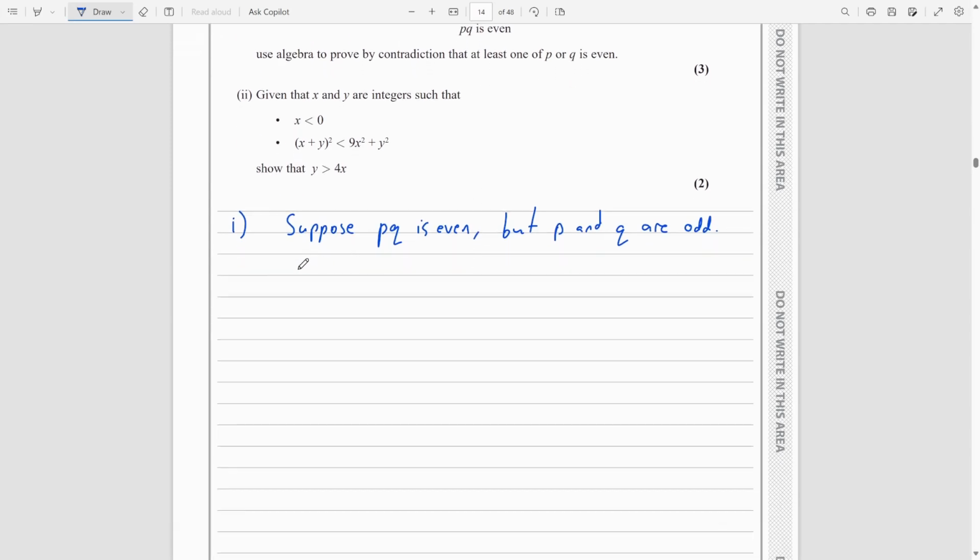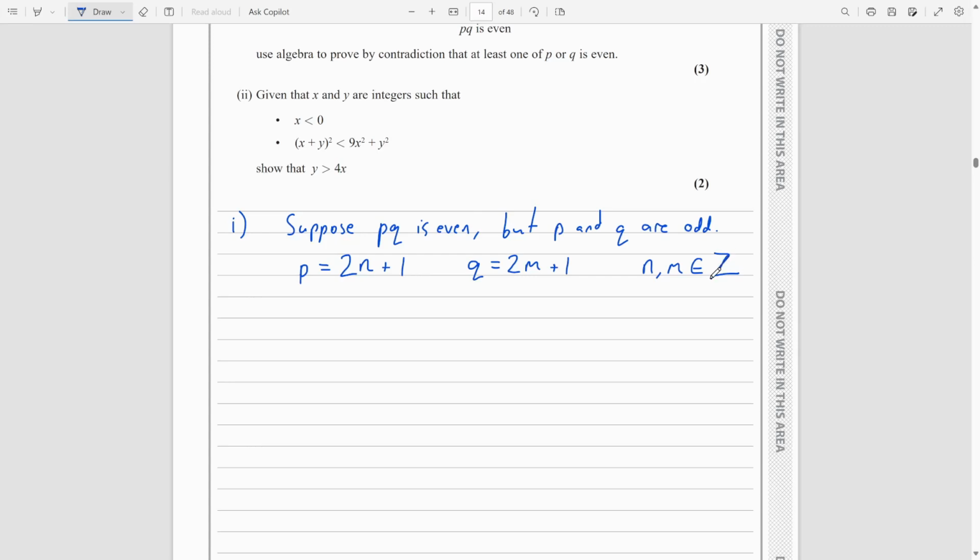So since p and q are odd, I can say that p is some arbitrary odd number, which would be 2n plus 1. That's the way we write an arbitrary odd number. And q is also odd, so q is a different, or potentially different, odd number, 2m plus 1. And I'll just say that n and m are both integers.